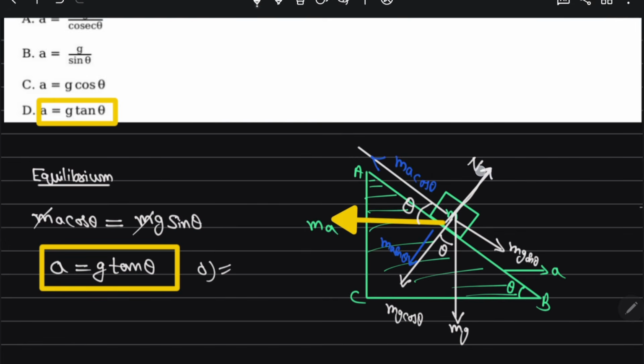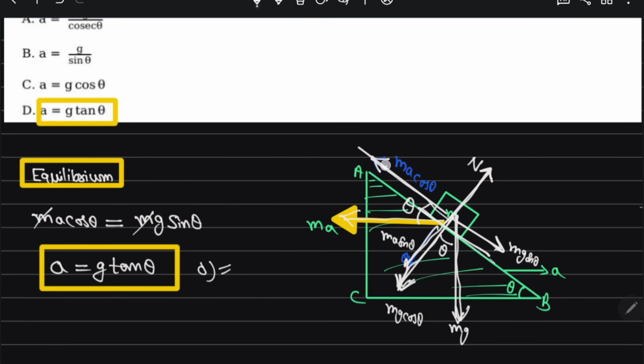Normal reaction acts perpendicular to this surface and mg acts downward. Then mg cos theta, mg sin theta, and ma pseudo force acting. I resolve this pseudo force into ma cos theta and ma sin theta. And they are saying that for the equilibrium condition, net force must be 0.